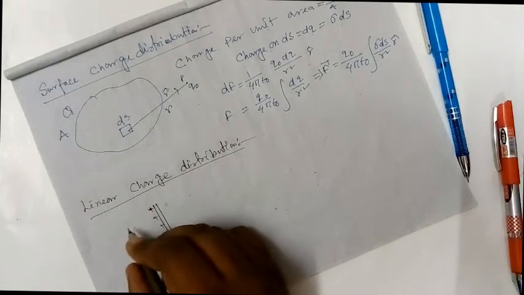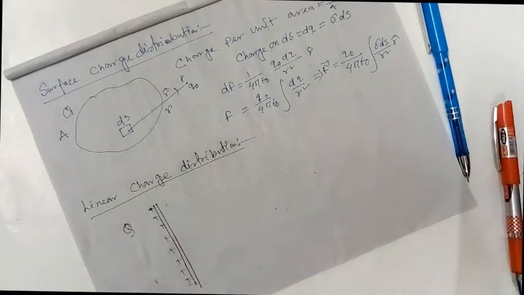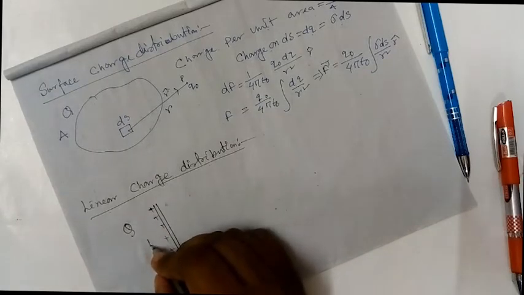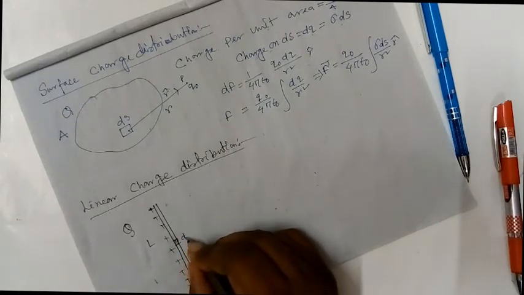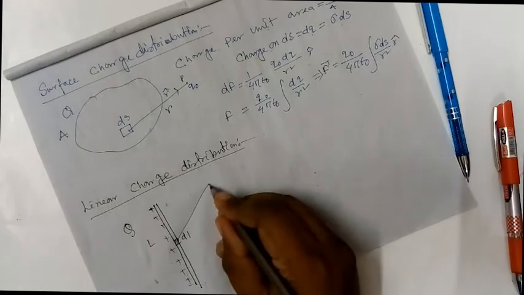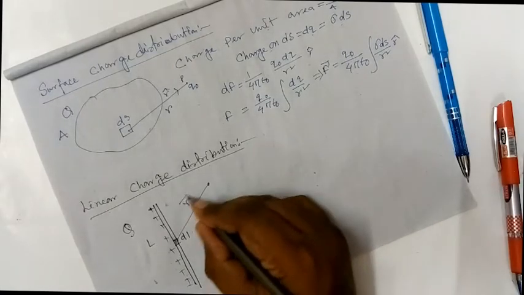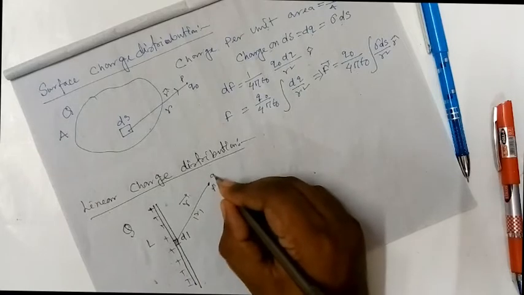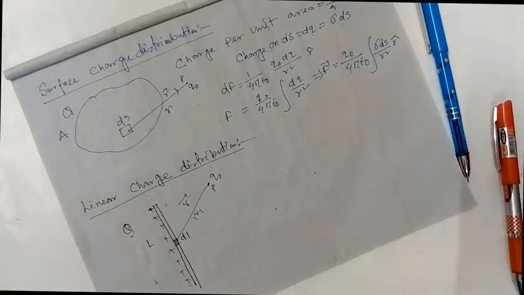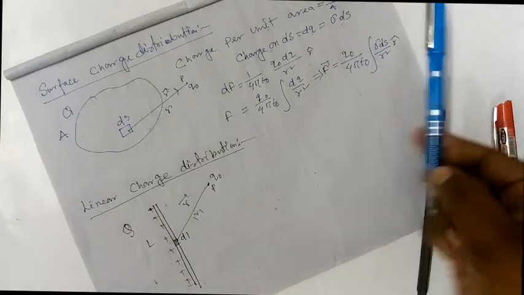So here the total charge is distributed. Previously we have taken q, the total length is L, you are assuming. So a smaller length we have assumed here, that is dl, and from dl at a distance of r, at point P, one charge is kept, that is q naught. So for dl we have to find the charge, that is dq.